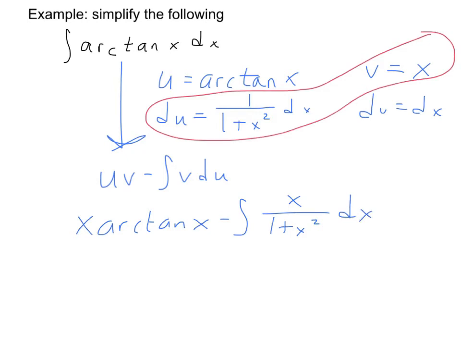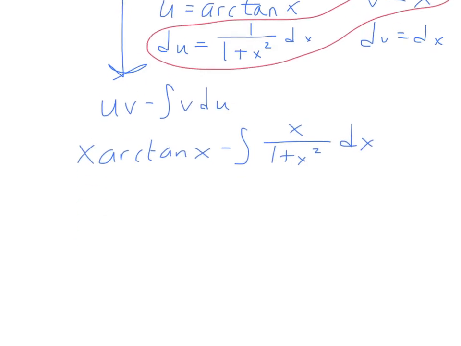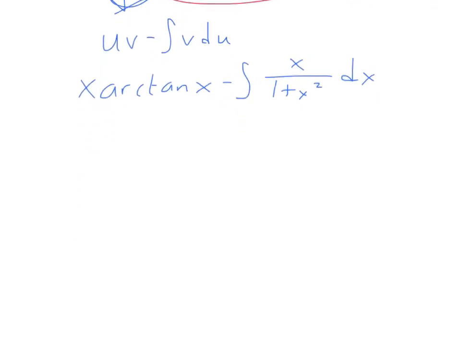And why is that new integral so much nicer to work with? The reason is that this is going to have a u-substitution that works great for it. If I choose my u to be 1 plus x squared, my du will be 2x dx. That basically means my dx is du over 2x.